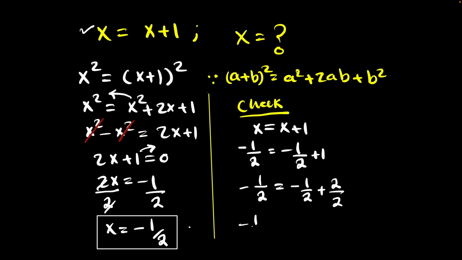So minus 1 over 2 is equal to, I'm going to take the common denominator between these two, and then add the numerators, minus 1 plus 2, so it becomes positive 1 over 2.